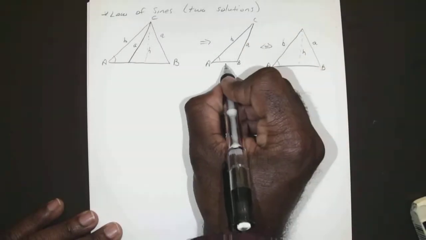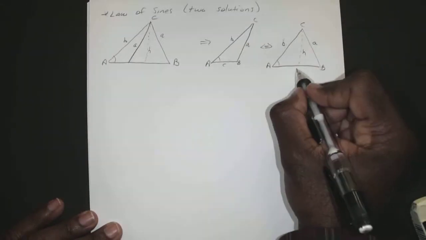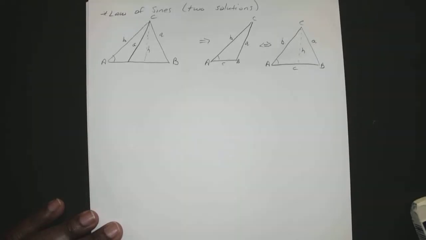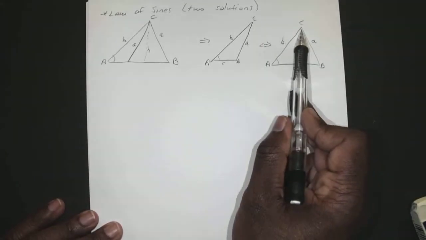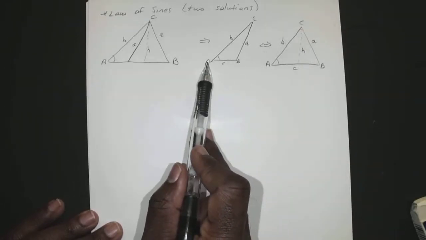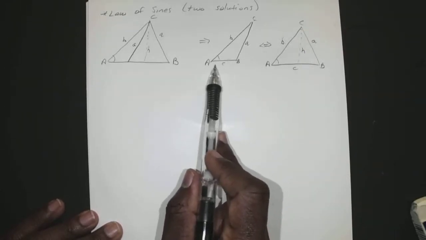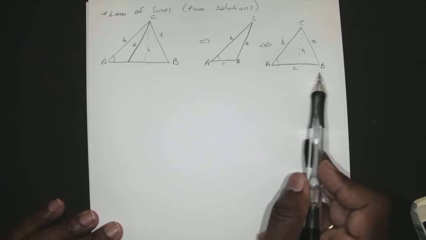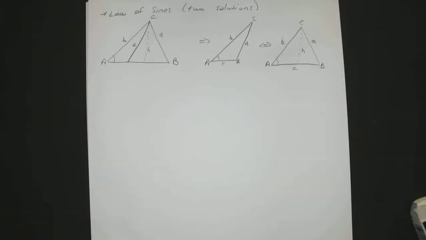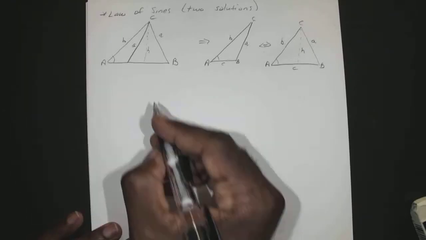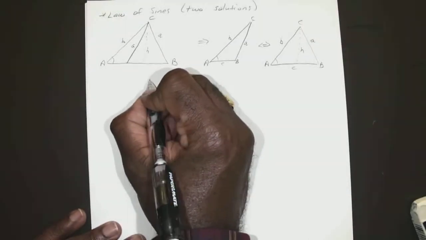Oh, forgot my side C and angle C. Your angle C can be completely different from this angle C, and angle A will be the same. Your side C can be a whole lot shorter than this side C, but your angle A will be the same.